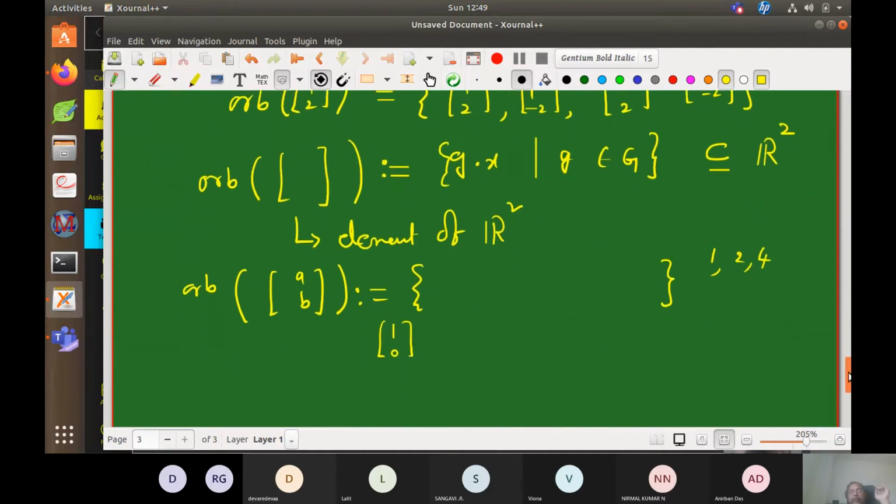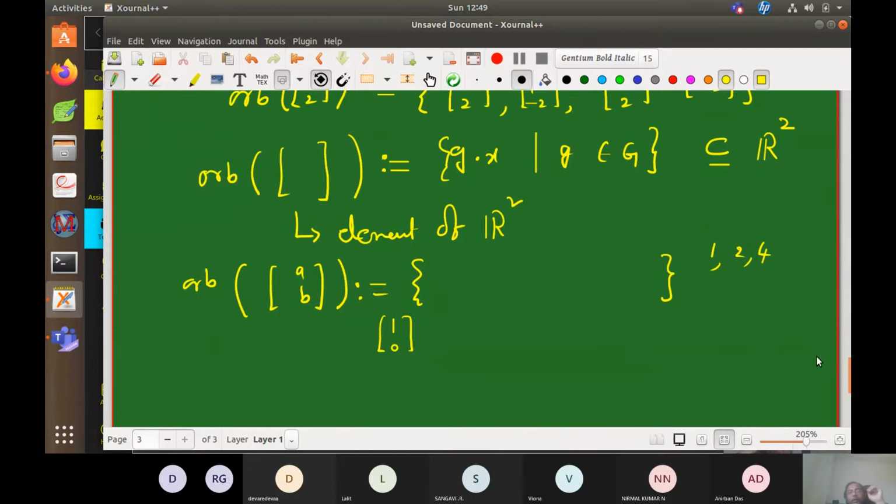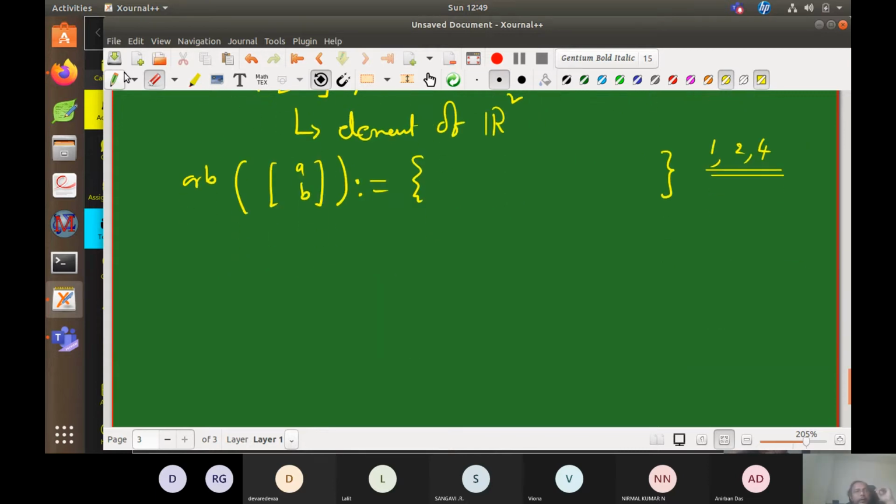So it is 2 for this particular case, 4 if both of them are nonzero, and 1 if both of them are 0. 1, 2, 4. Very good. All of you are clear? The size of the orbit is either 1 or 2 or 4 here. I had not asked myself this question earlier; it came naturally to me.